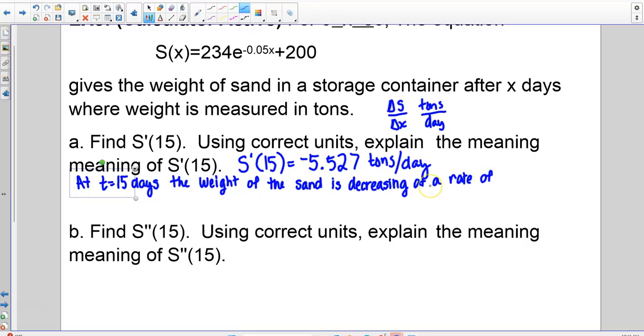of, now here's where you have to be careful. You have already used the word decreasing. Decreasing takes care of the negative, right? So you're not going to use the negative number here. You're going to say 5.527 tons per day.